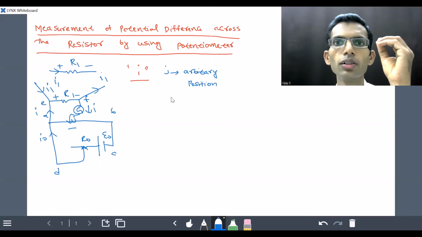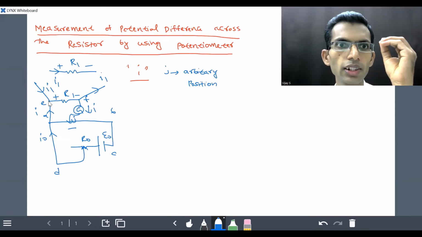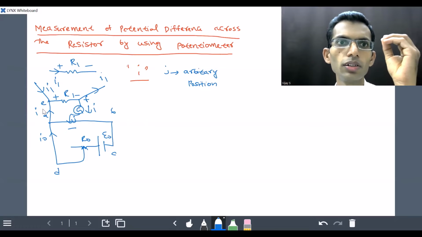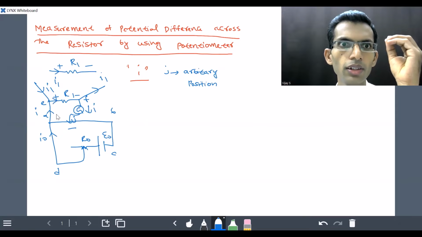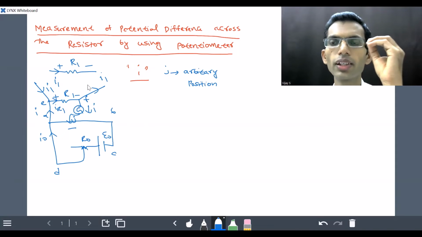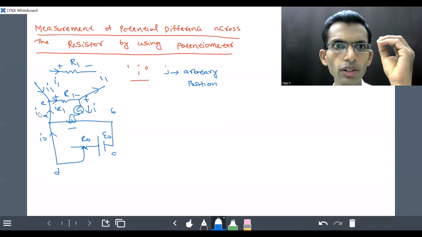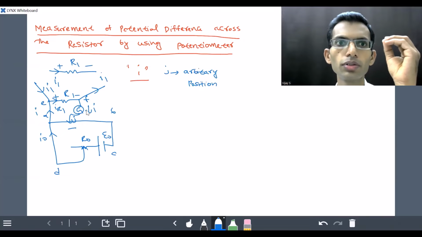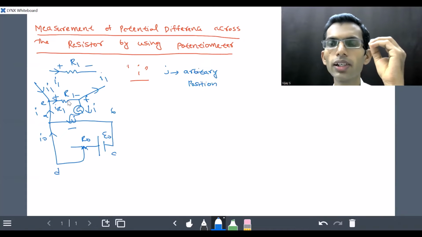Now let us focus on the junction E. At the junction E, you can see I is the current entering, and I1 is the current entering. Let us say IR1 is the current flowing through the resistance R1. So what is that IR1? For that we need to apply KCL at E. What does KCL state?